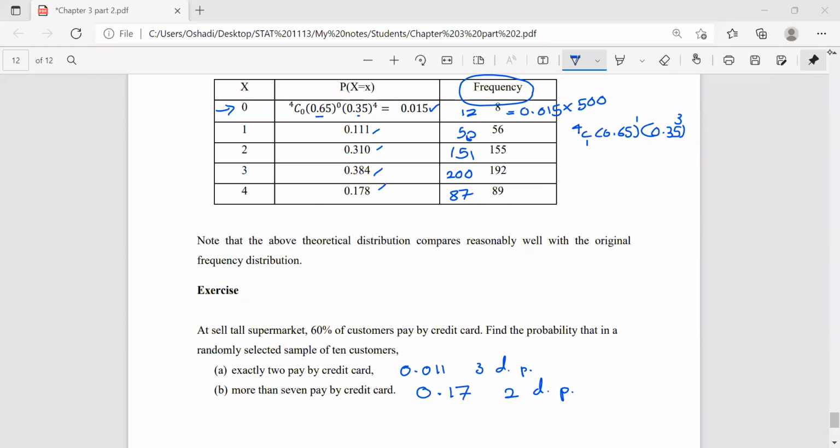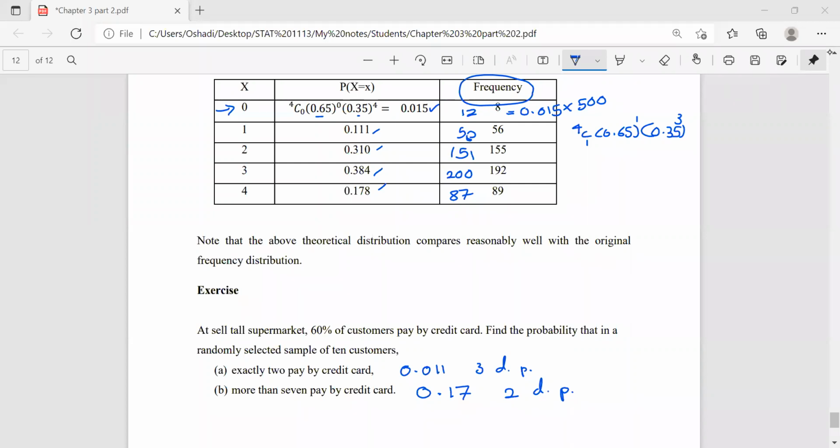So in this example, at Celtol supermarket, 60% of customers pay by credit card. Find the probability that in a randomly selected sample of 10 customers, exactly 2 pay by credit card. So here the probability of paying by credit card is given as 60%.